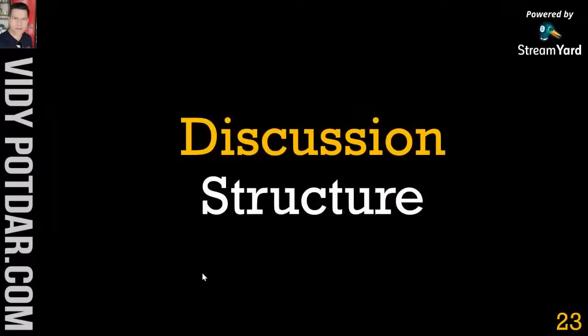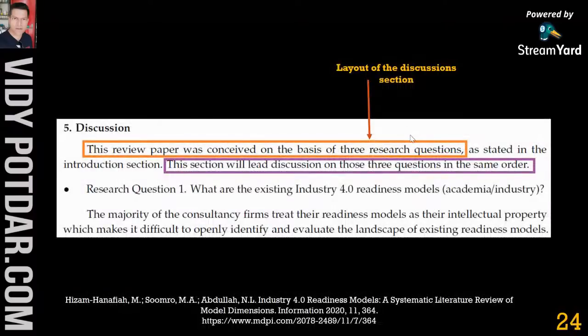Okay. So now the next part is another way in which we can talk about discussion: the structure of the discussion. I've taken a few more examples here to show you how this section would look. All right. So let's see this paper first.